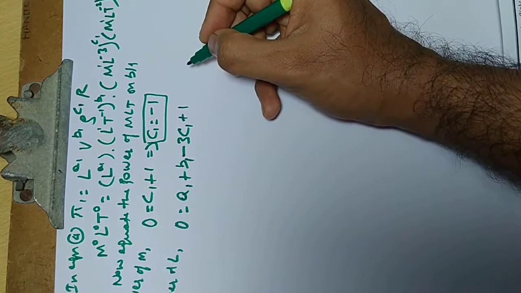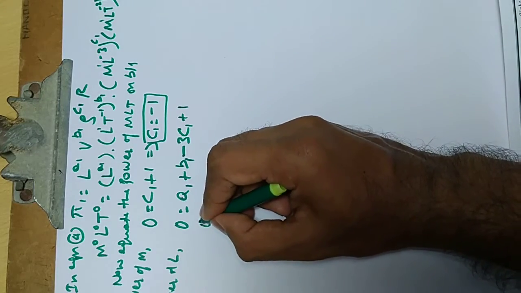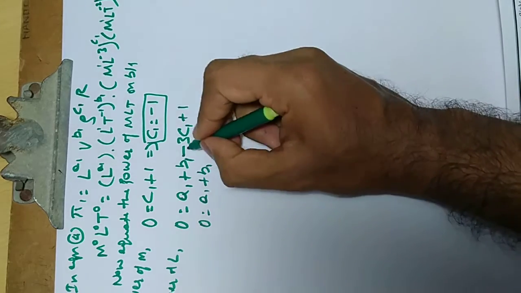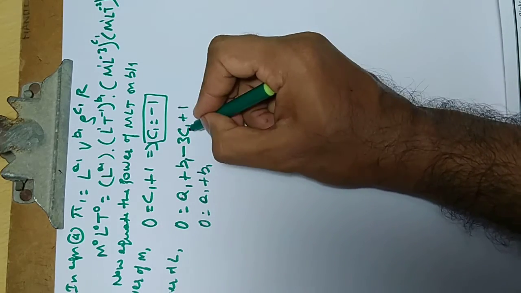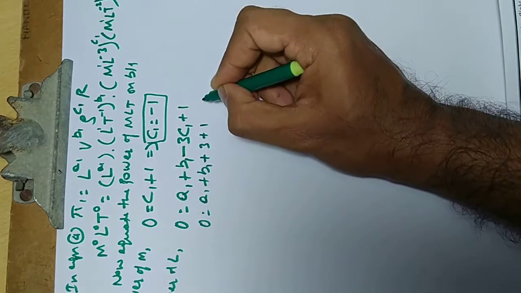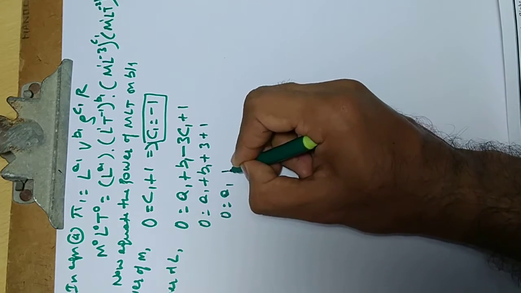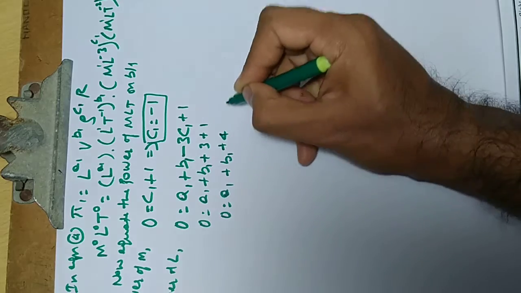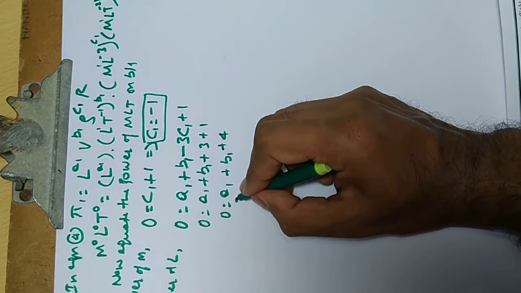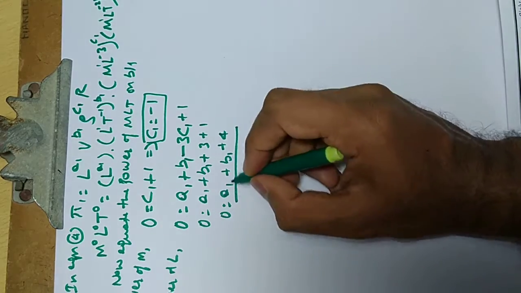Don't make any mistake, carefully do this one. c1 means minus 1 here, so minus into minus becomes plus 3, plus 1. So I can write 0 is equal to a1 plus b1 plus 4. You keep it, later you can do the simplification.